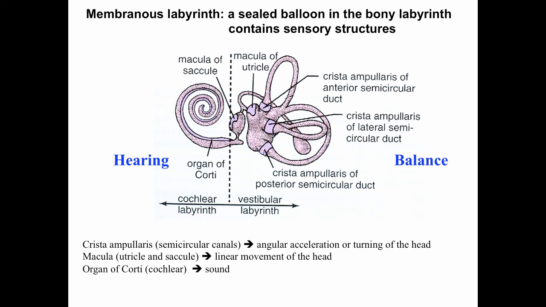And then there are maculae, which are in the utricle and saccule. These detect linear movement of the head. And then the organ of Corti, which is in the cochlea, and that detects sound. And this organ of Corti follows the snail shell shape of the cochlea.